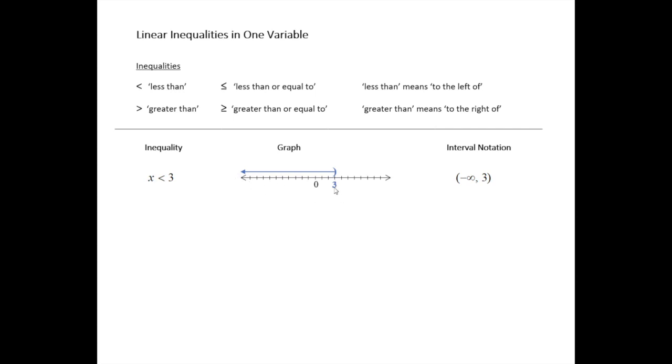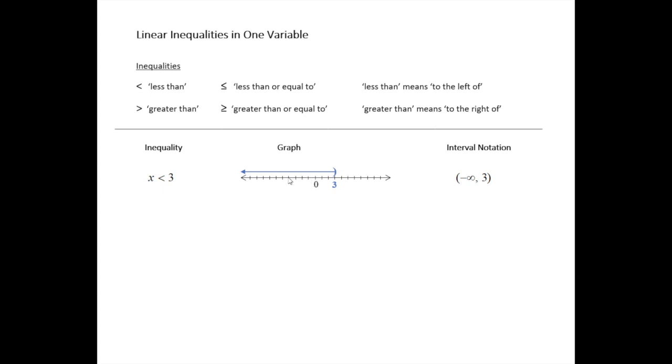3 is the upper bound, and because 3 is not included in this set, here we have x is strictly less than 3, we use a round or open bracket to indicate that this number is not included. When we write this using interval notation, we use a pair of values that indicates the lower bound and the upper bound of this interval.